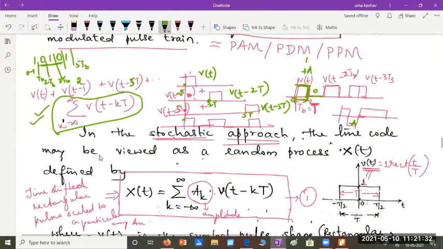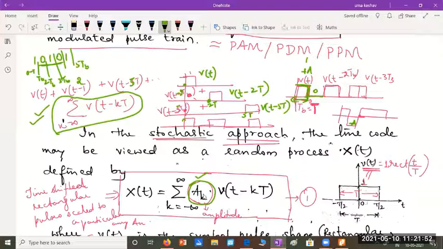And if I want the amplitude also to be scaled, so I just don't want the amplitude to be 1 always. I want the amplitudes to be plus A, 0 or minus A. I'll include an amplitude scaling factor in that equation, a_k.